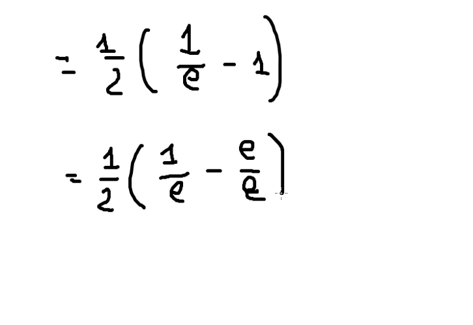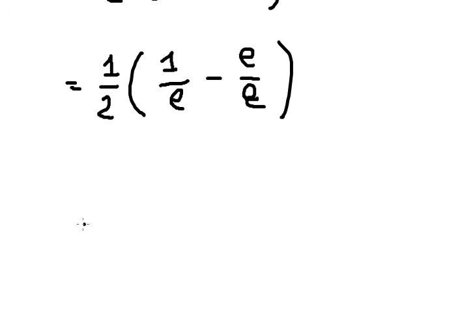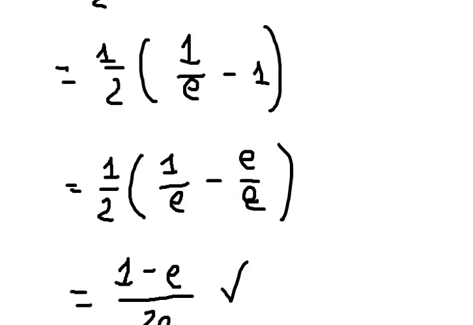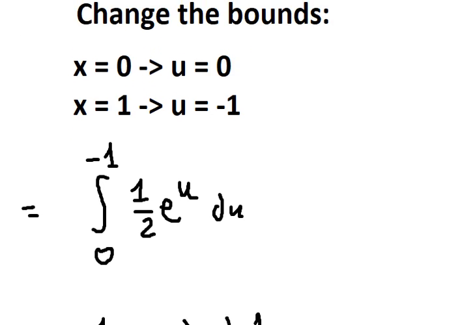We do common denominator. Now we put about 1 minus e over 2e. And this is the final answer. Here is about the full answer of the question in here.